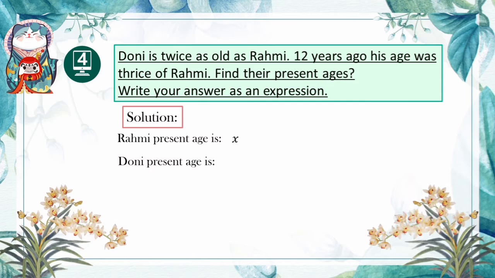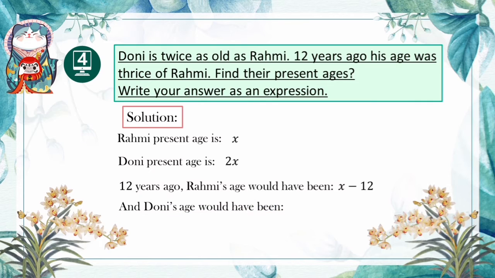Since Donny's present age is 2 times that of Rahmi, his present age can be assumed to be 2 times x. 12 years ago, Rahmi's age would have been x minus 12, and Donny's age would have been 2 times x minus 12.